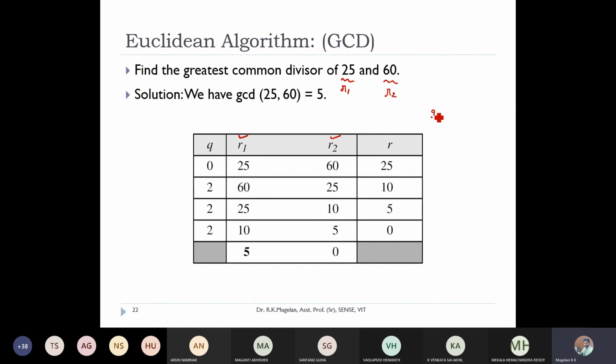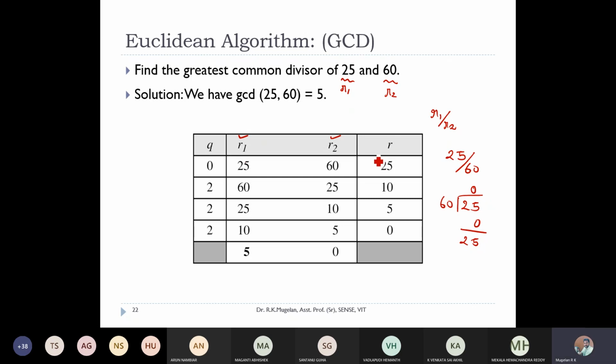Always, R1 will divide R2. It is a steadfast rule. So in the first case, 25 divided by 60. Obviously, we can't divide 25 by 60, so the quotient will be 0, and the remainder will come out as 25.